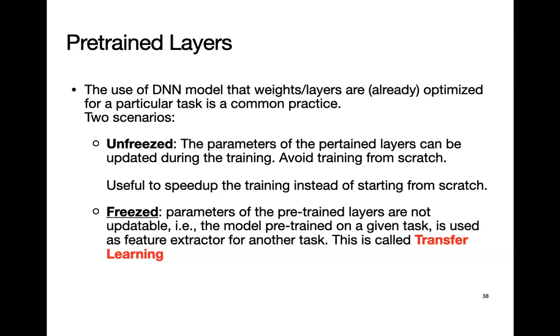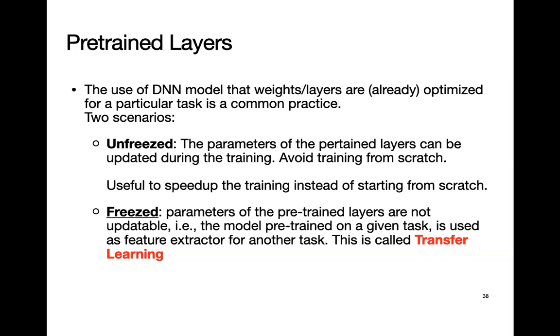And then you have the freeze mode. Why it's more interesting is that in your pre-trained layers, you don't update their weights. They're already pre-trained. However, you can use them as a kind of feature extractor. So you have your input, you pass it to your pre-trained layers, using them for a different task or for the same task or for something else. This leads to something that we call transfer learning.